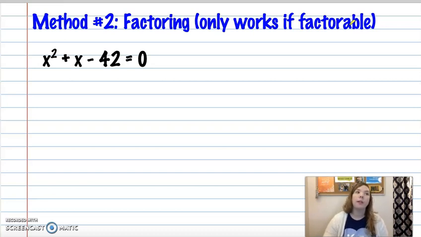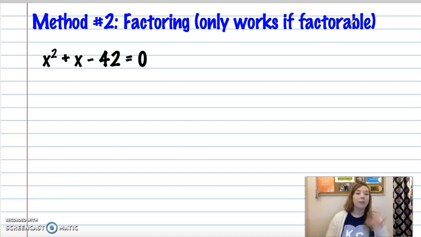So we're also going to talk about some algebraic methods later and what to do if it's not factorable. So just because you can't factor it doesn't mean there's no solutions. So if it's not factorable, we don't want to say no solutions because that's not necessarily true. It might be true, and we'll talk about those more later. But for now, if it's not factorable, we just want to put not factorable instead of no solutions.